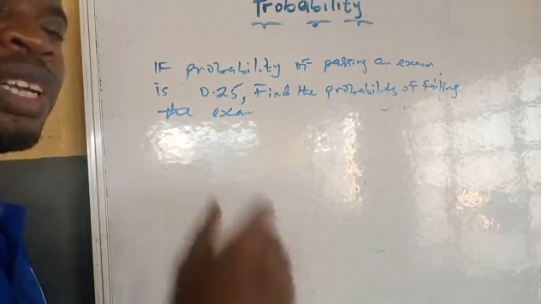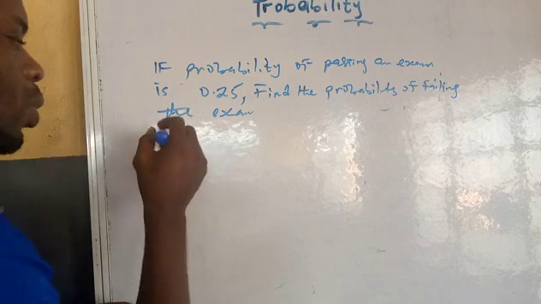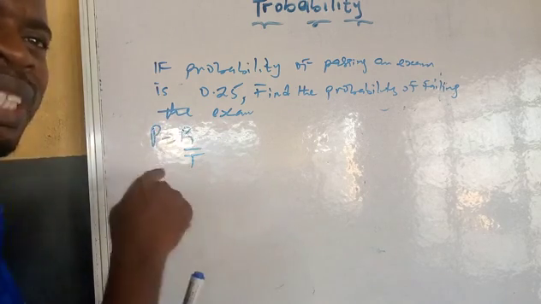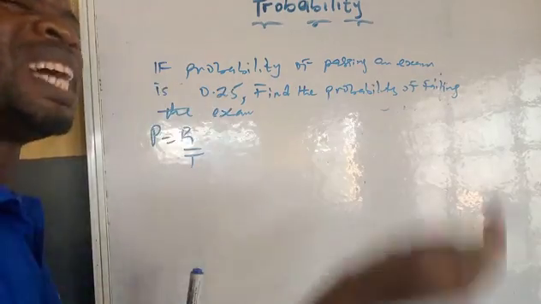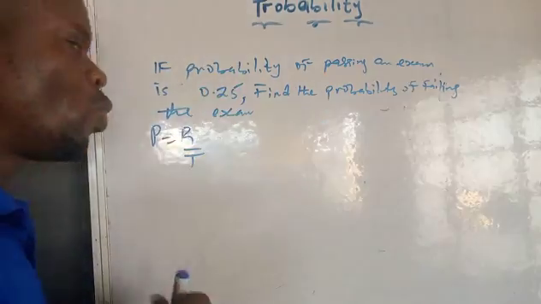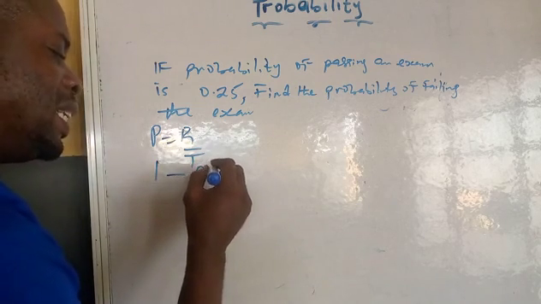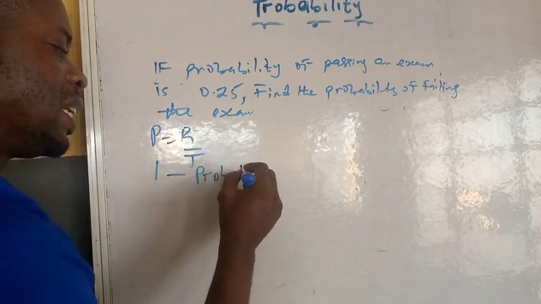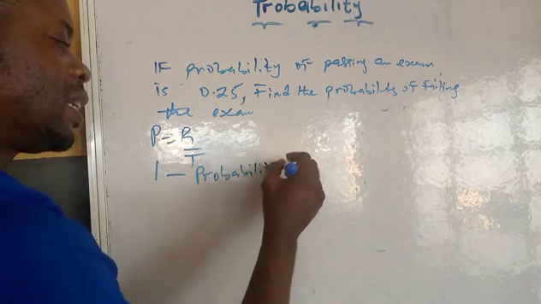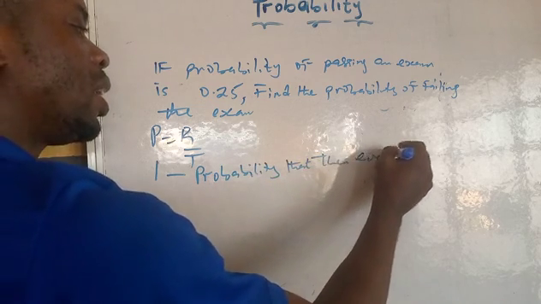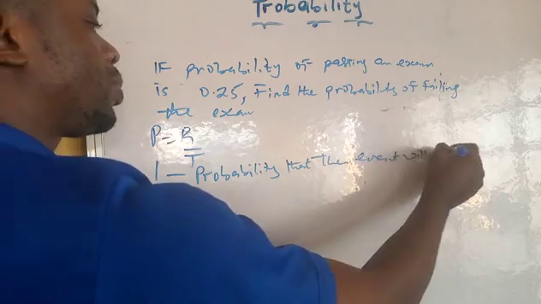Please, the probability of an event is what? Required outcome over total outcome. So this is the probability that an event will happen. So the probability that an event will not happen will be 1 minus the probability that the event will occur.